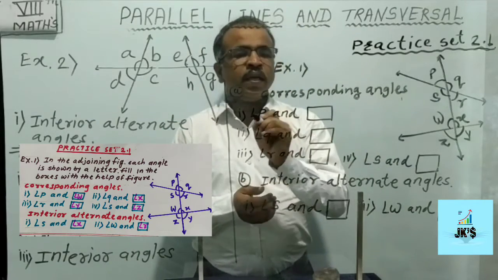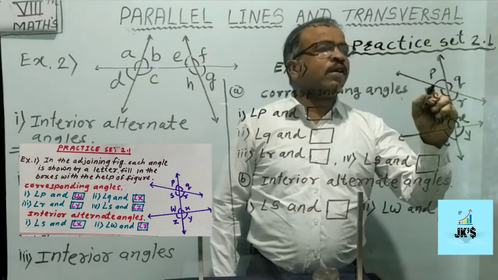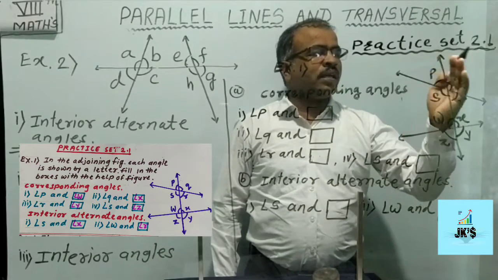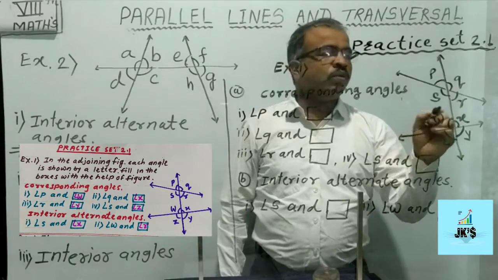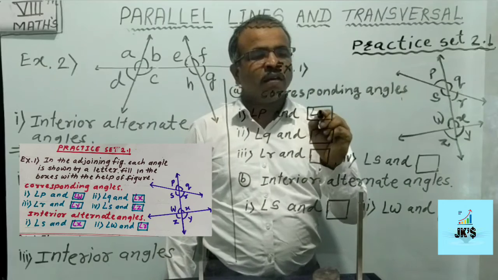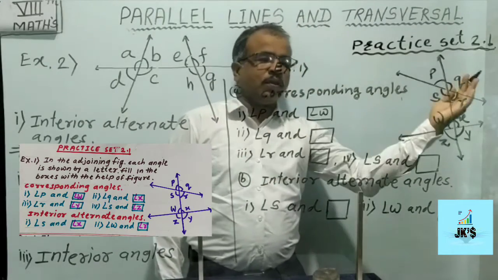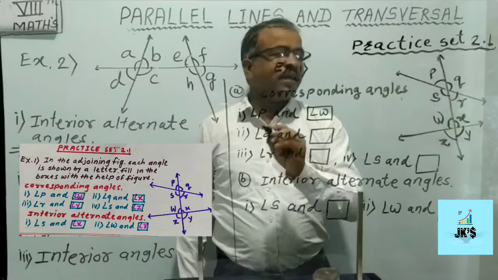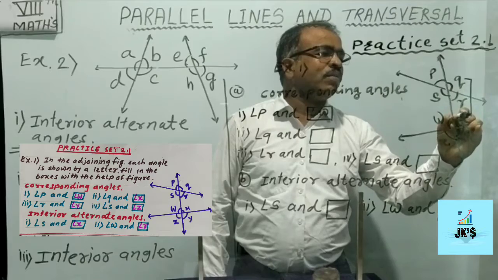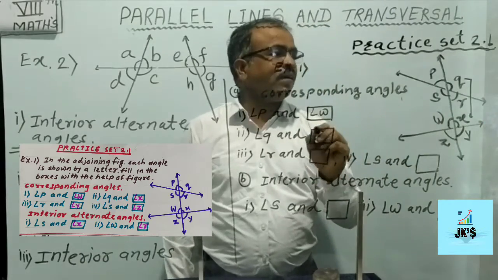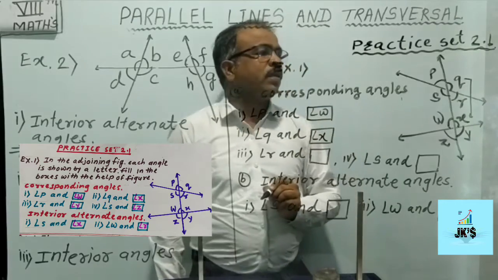The first angle P. Which is the corresponding angle of angle P? This is angle P, and the corresponding angle of angle P is angle W. So here we write angle W. Second angle Q, on the other side of the transversal, and its corresponding angle is obviously X. So angle Q and angle X are corresponding angles.